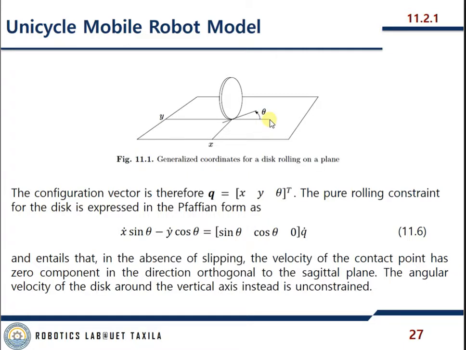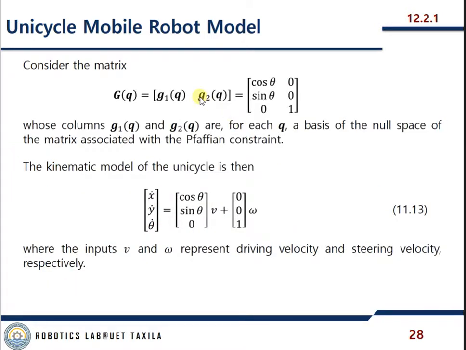So it cannot move directly in the direction of y, obviously. Now consider this matrix with the vector fields G1 and G2. I have already explained that the kinematic model of the unicycle is written in this form, where v and omega represent the driving velocity and the steering velocity.